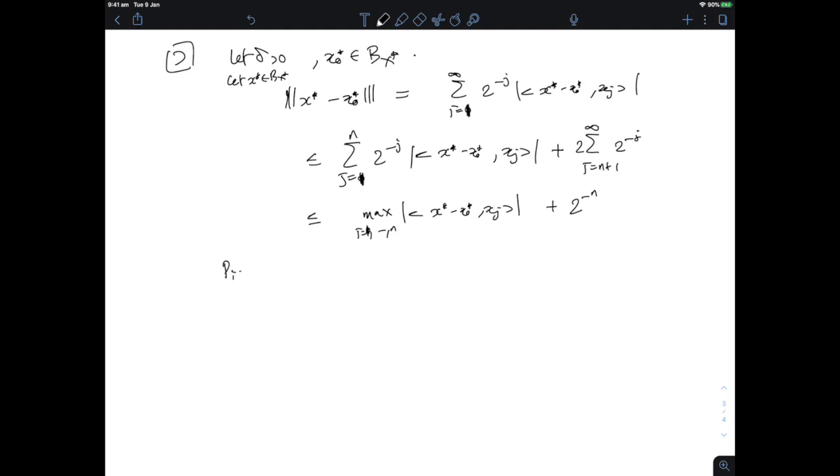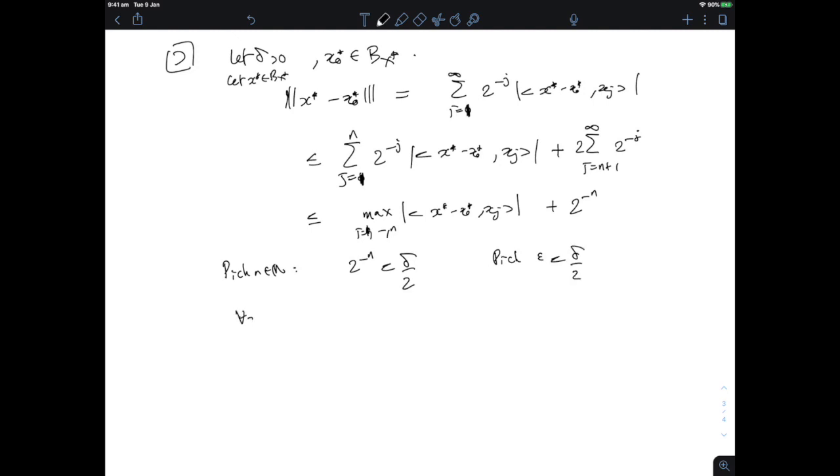Now what do I do? I pick n such that 2 to the minus n is smaller than delta over 2, and then I pick epsilon smaller than delta over 2.